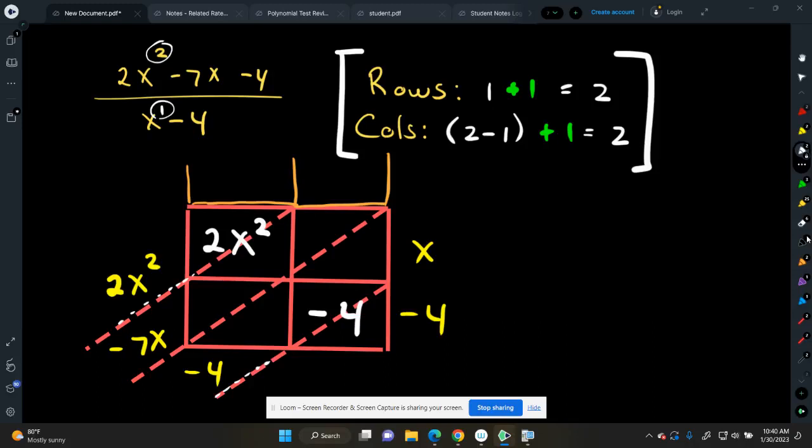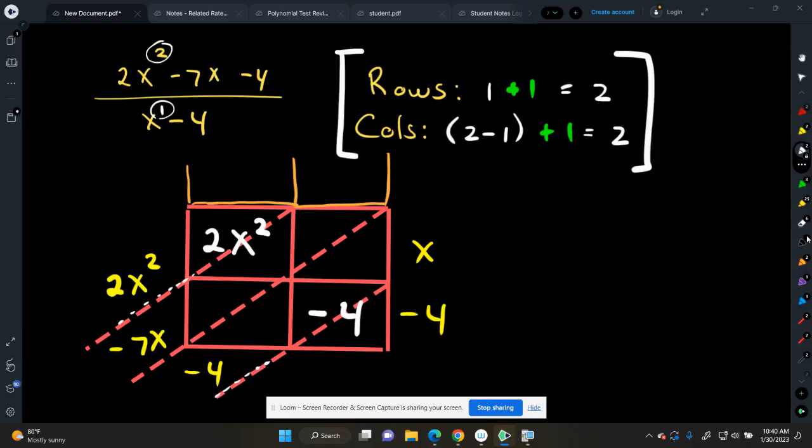So let's look at this diagonal. This diagonal is 10x squared. So what's going to go in that box up here? 0. Because I already have 10x squared, I don't need anything else. So that's a 0, which means this is a 0. Okay, so what do we get?